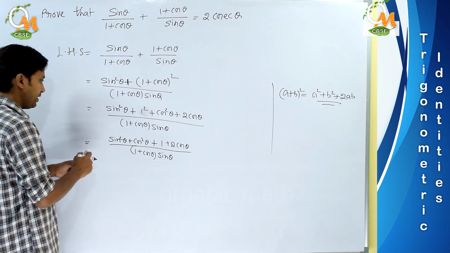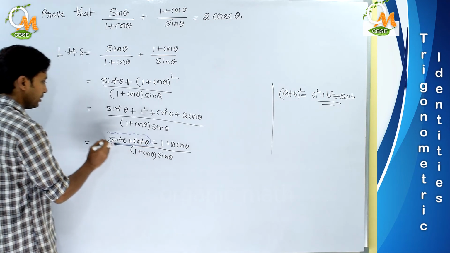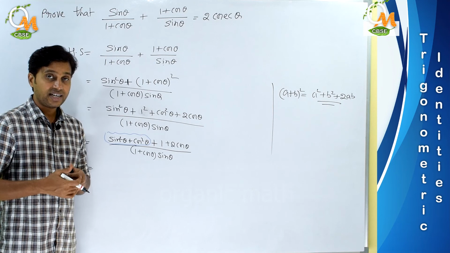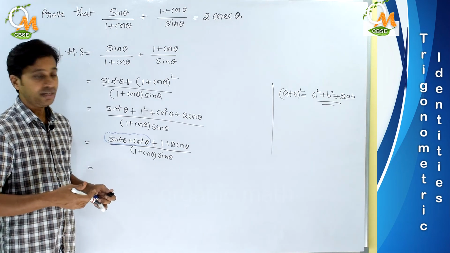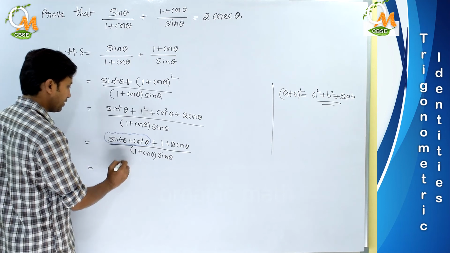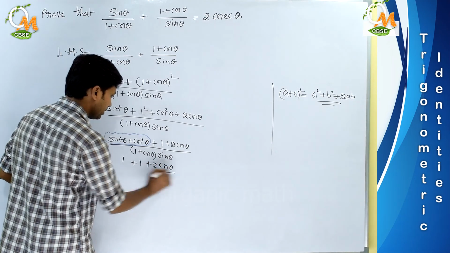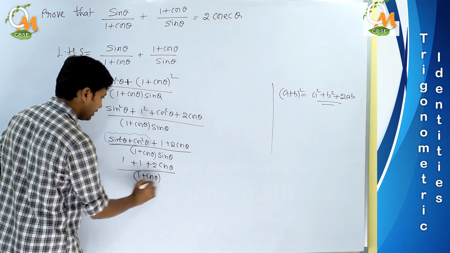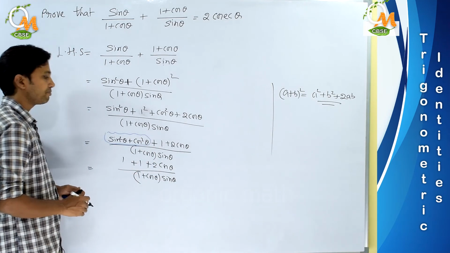Now what about this part? Sin square theta plus cos square theta, is this a standard identity or not? Yes, it's an identity and its value would be 1. So we can put here 1 plus 2 cos theta by 1 plus cos theta into sin theta.